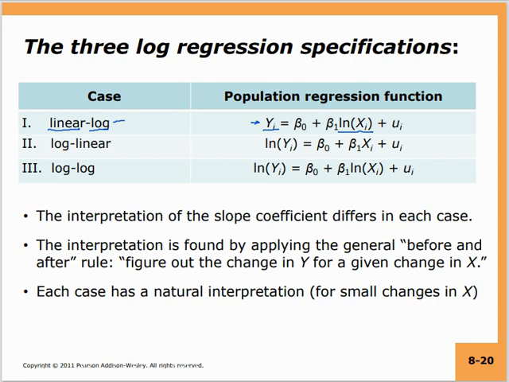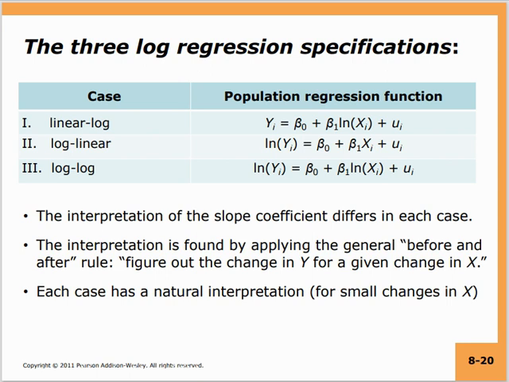If you take a log of the dependent variable and leave your independent variable as a continuous variable, then it is known as a log-linear model. And if you take a log on both sides, the independent variable as well as the dependent variable, then this is known as the log-log case.